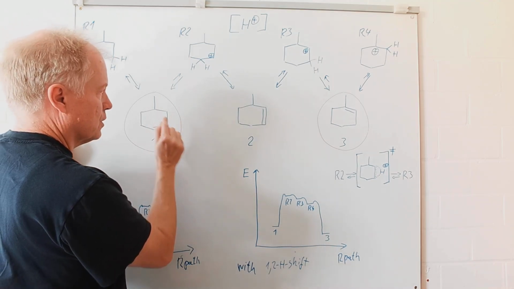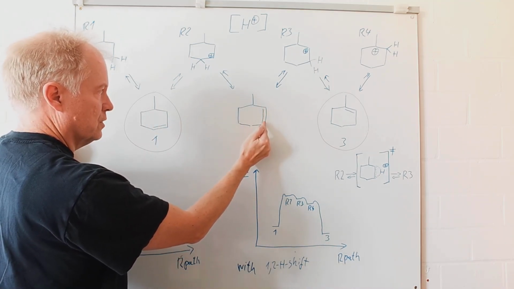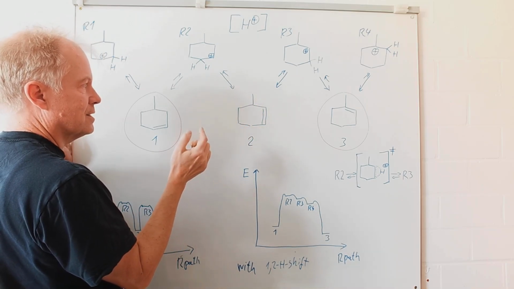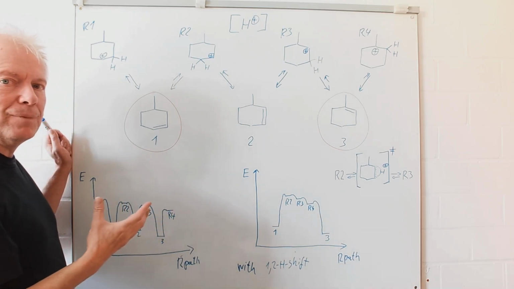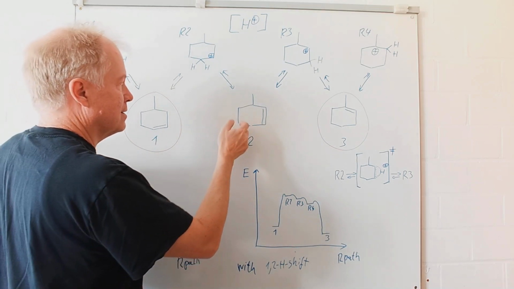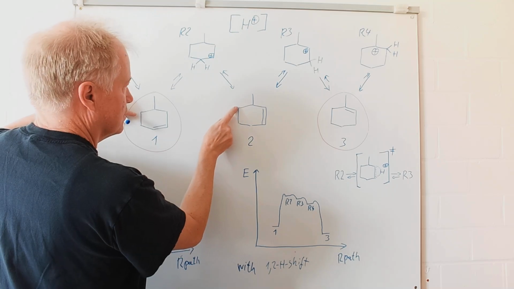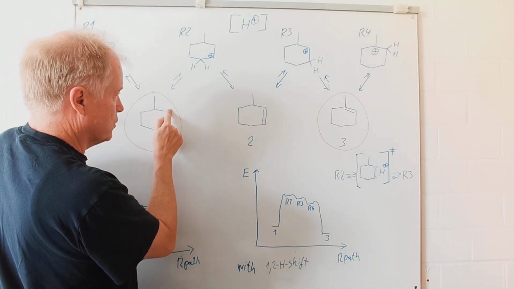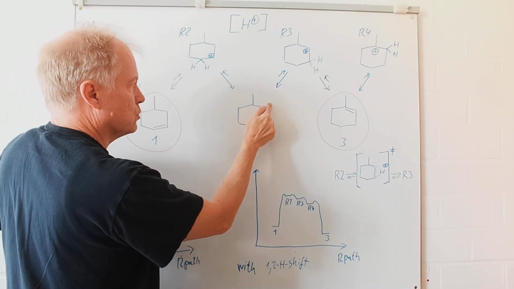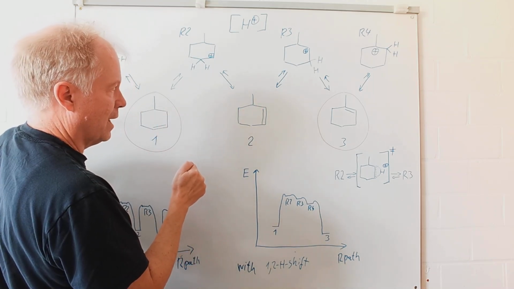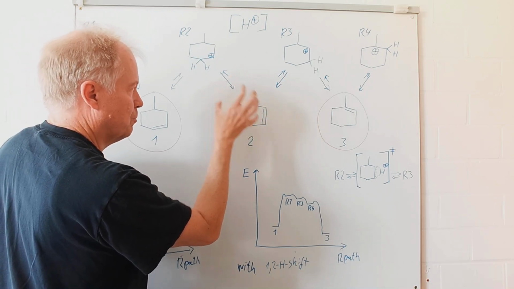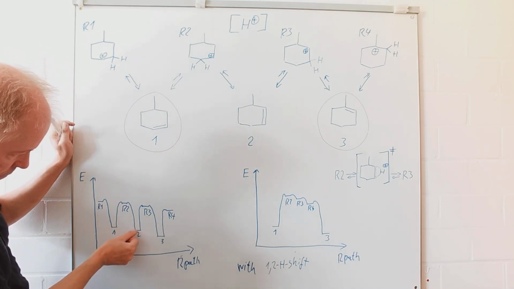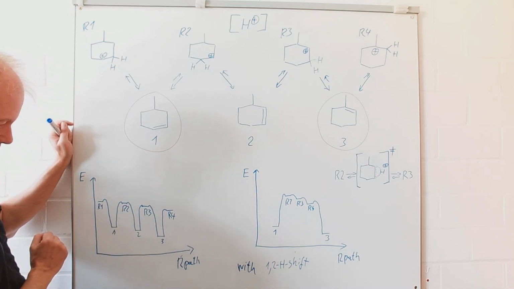Well, the double bond has migrated to the next position, and therefore the CH3 group has a sterically less demanding surrounding. It still has that CH2 group, but on that side we have changed from a CH2 group to a CH group, less sterically demanding, therefore a little bit favored energetically compared with 1. So this one is a little bit further down.